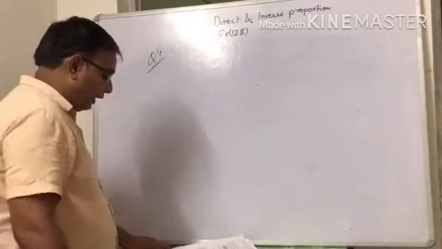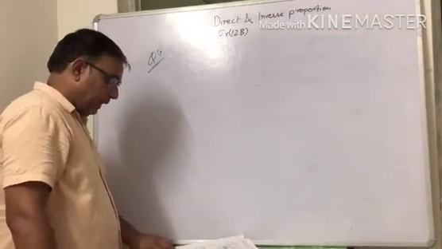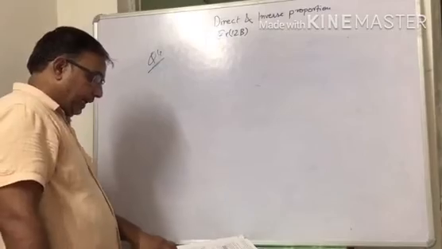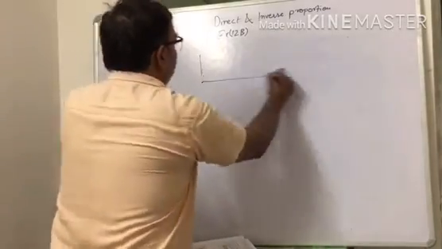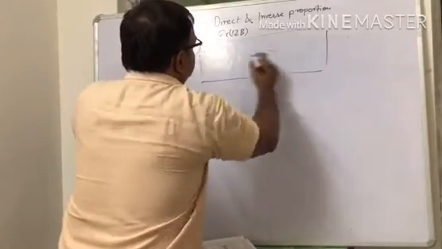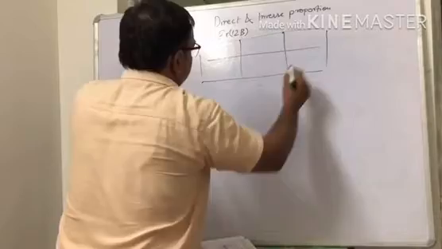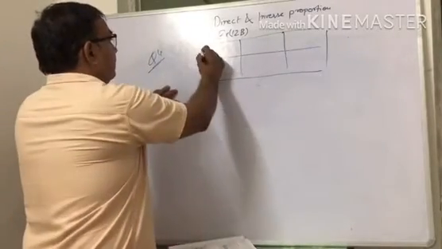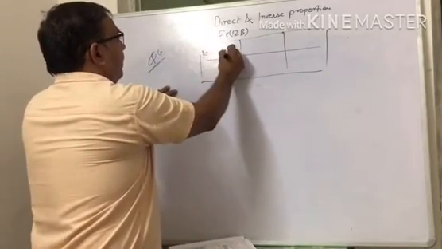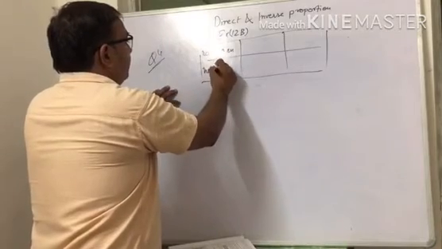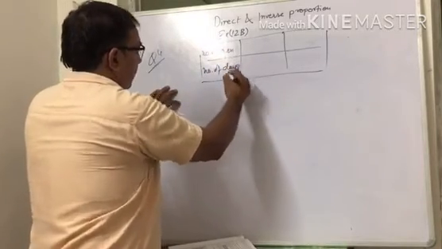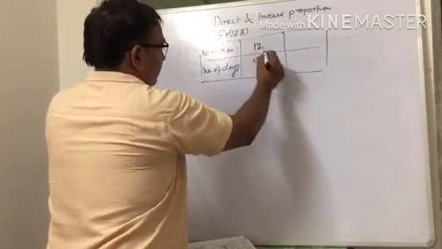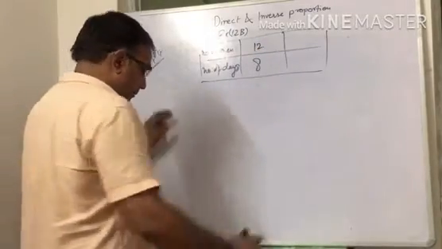Question number 4 is: 12 men can dig a pond in 8 days. How many men can dig it in 6 days? So make a table again, with number of men and number of days. In this question, 12 men can dig a pond in 8 days.